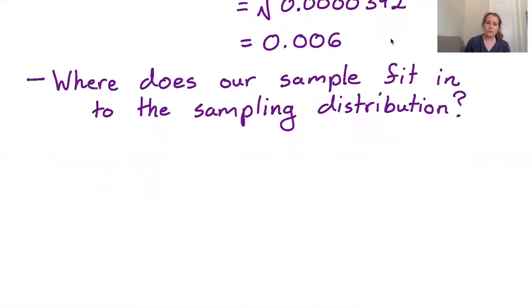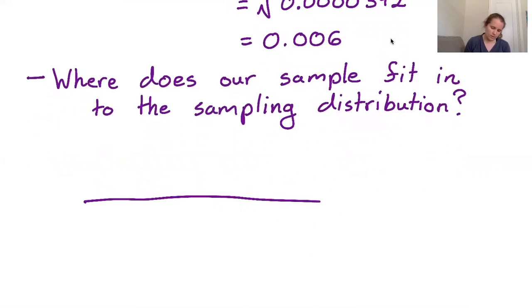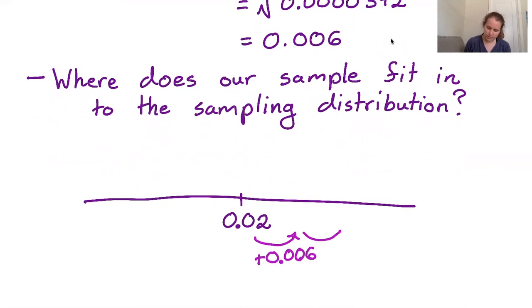So our sampling distribution has a mean of 0.02, and then we are going up by 0.006 and going down by 0.006.